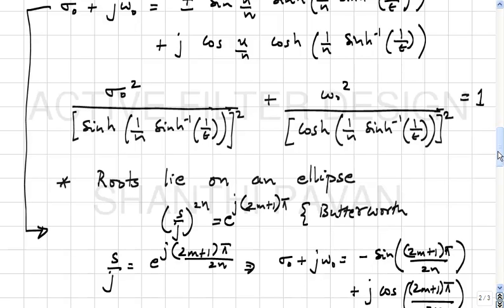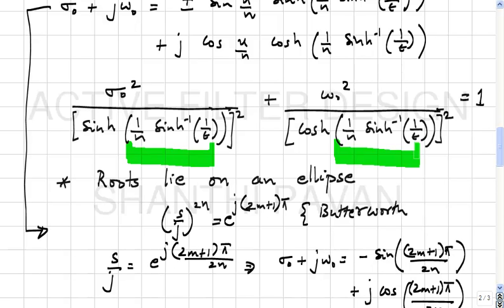But what happens to 1 by n sine hyperbolic inverse of 1 by epsilon if 1 by epsilon tends to a large number? It also is a large number. Now, if you have a large number as the argument, is there a big difference between sine hyperbolic and cos hyperbolic? No. Why?